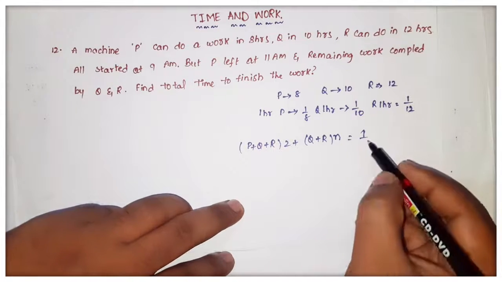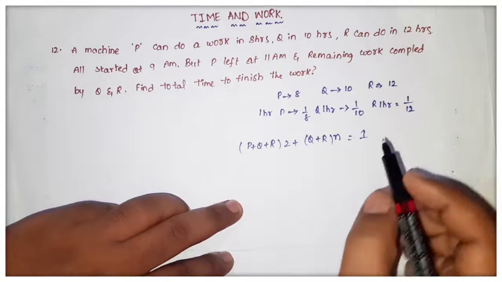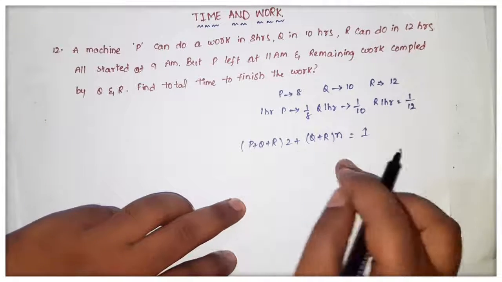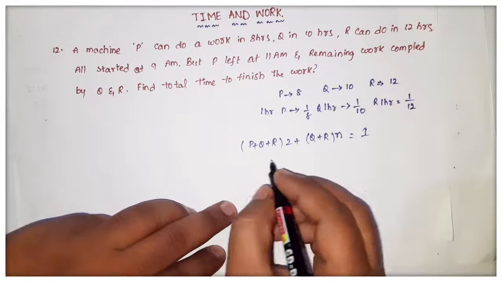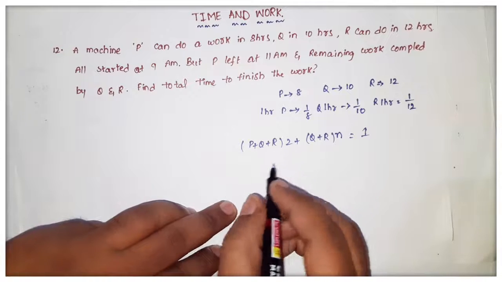So this is our assumption. I think you didn't forget this. Our assumption is the total amount of work done is always 1, so we have equated that to 1. We are going to find how many hours Q and R worked together.